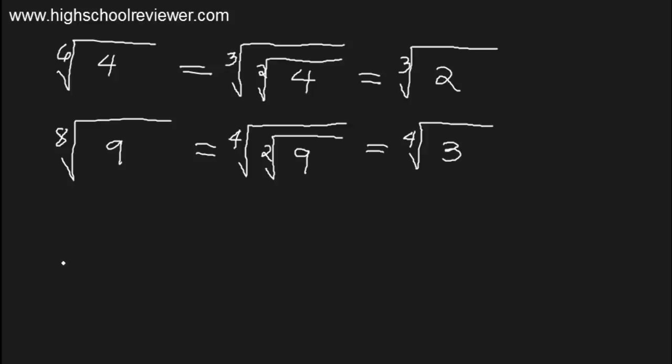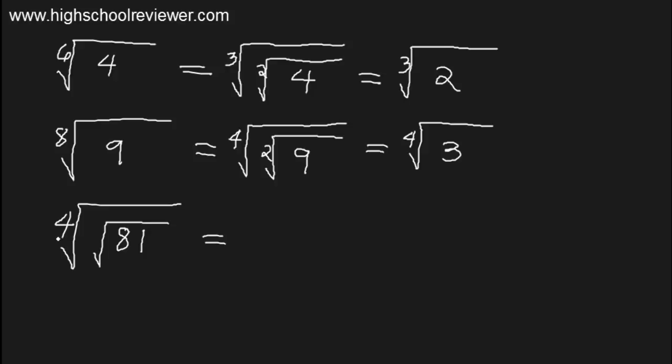And then we will have the 4th root of the square root of 81. Now, in one of the rules, we can interchange the roots.